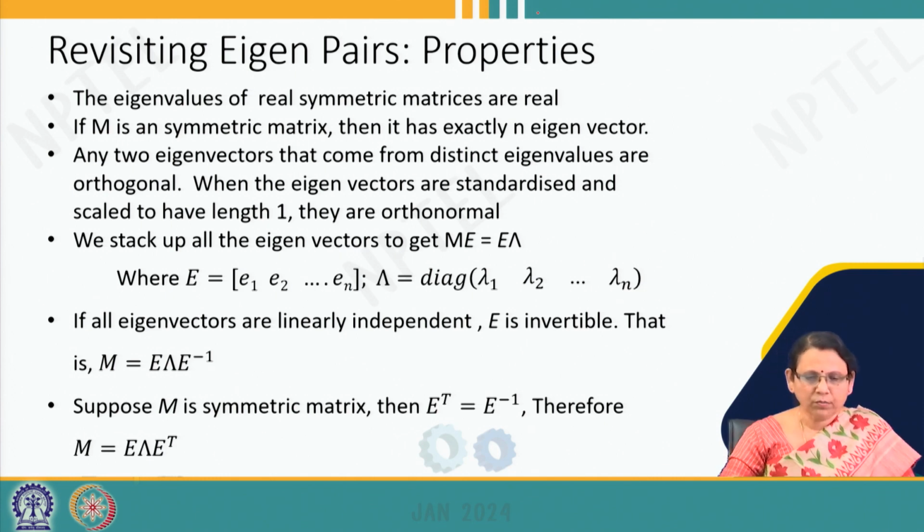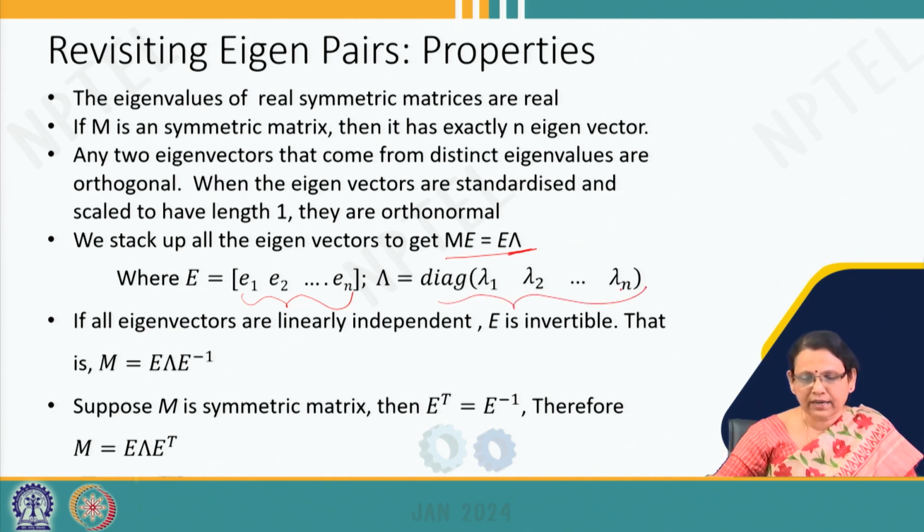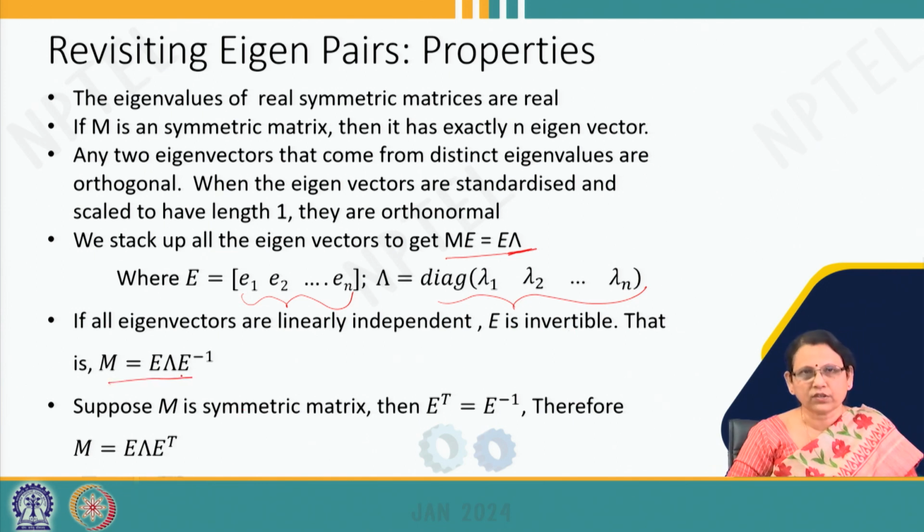Now, we can stack up all these eigenvectors to represent them in a matrix form, where E is the set of all eigenvectors and lambda is a matrix where the diagonal elements are eigenvalues and the rest of the values are 0. If all eigenvectors are linearly independent, then E is invertible, that is, we get this relationship.